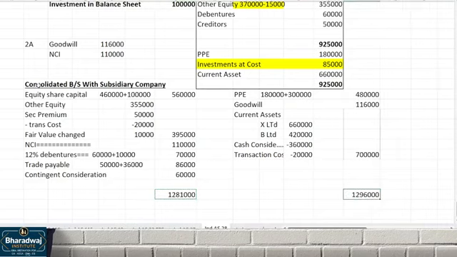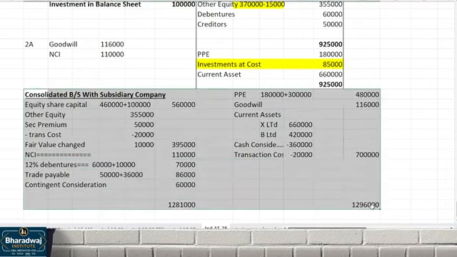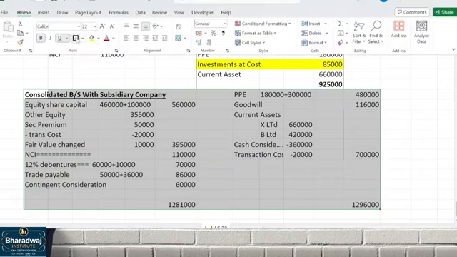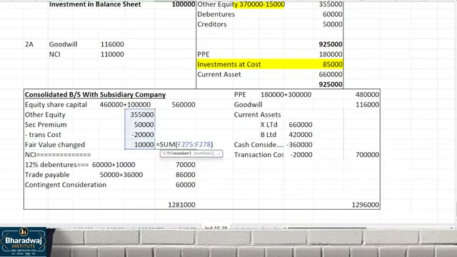Why is there a difference of 15,000? Other equity, how will 4,10,000 come? The material has given 4,10,000, so we should not change that, right? That difference is okay, but why are we not getting it like this?